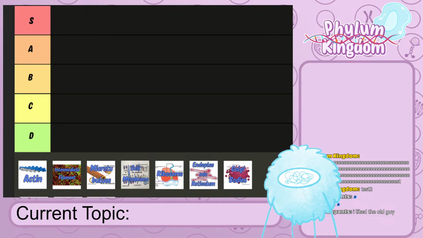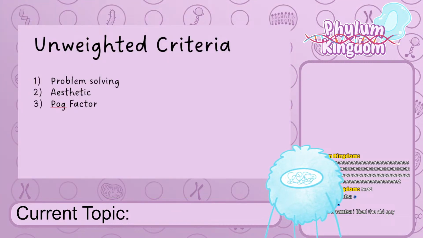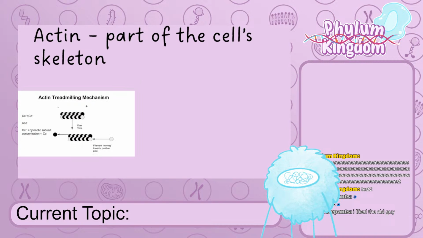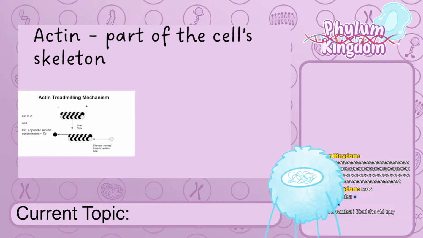This first one is called actin. Right, so actin is a part of the cell's cytoskeleton. So it is one of the components that gives cells structure. And what's unique about actin is this ability to be dynamic. So actin threads can expand and they can sort of fall apart.